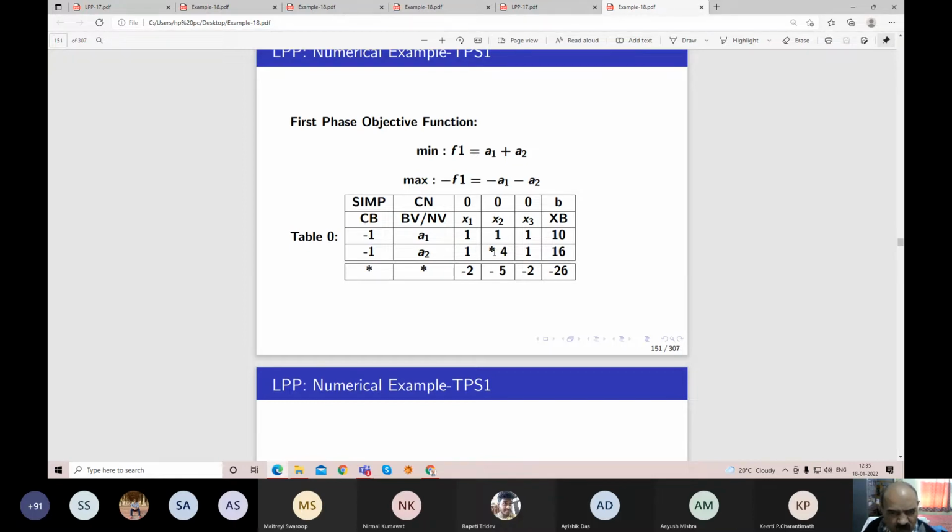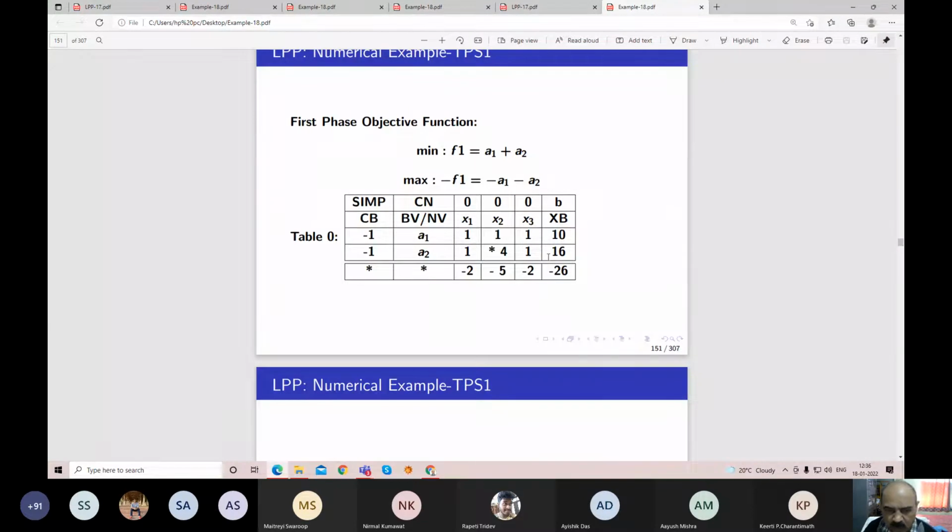So the 4 is the key element, also known as the pivoting element. This is very crucial. We are using the condensed form of the simplex table. Why condensed? The basic variable columns are not there. If somebody wants to make it an extended table, he has to add 2 more columns, one with respect to A1 and another with respect to A2.